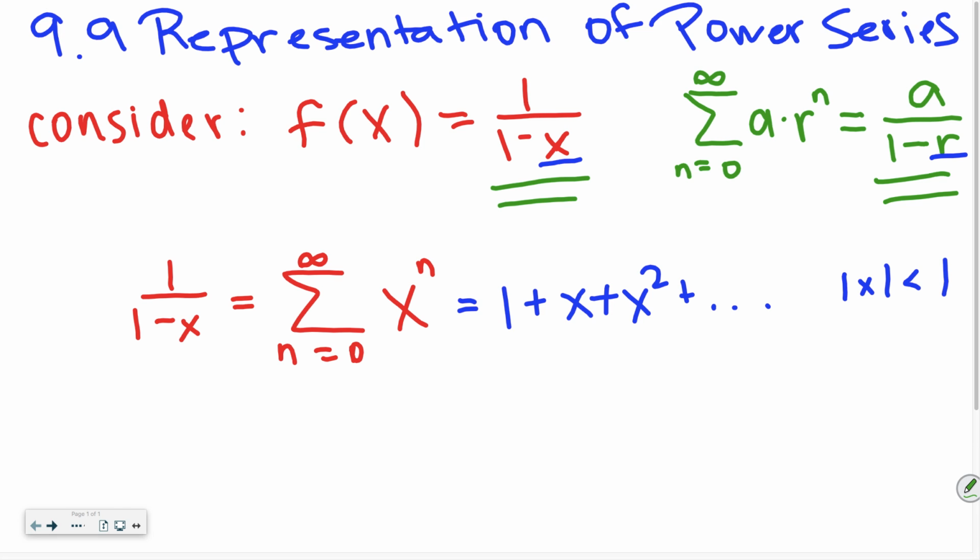So we automatically know that our interval of convergence is negative 1 to 1, and we don't have to test our endpoints because this is geometric. The endpoints are not going to converge because our common ratio can't be 1.